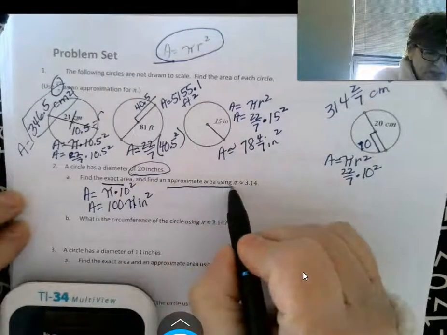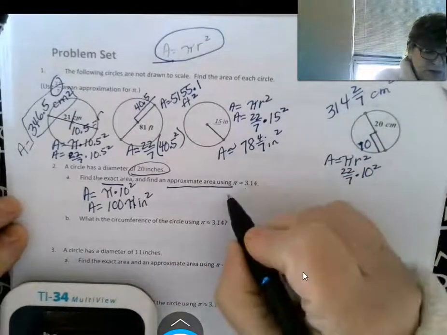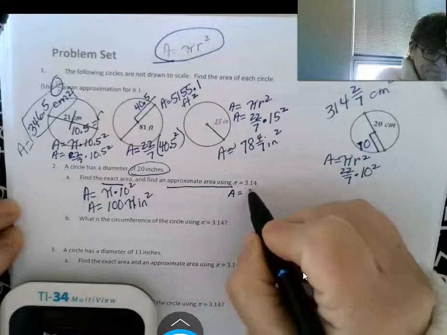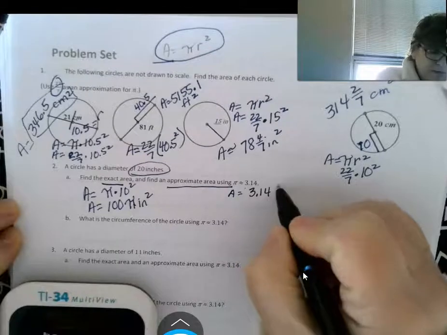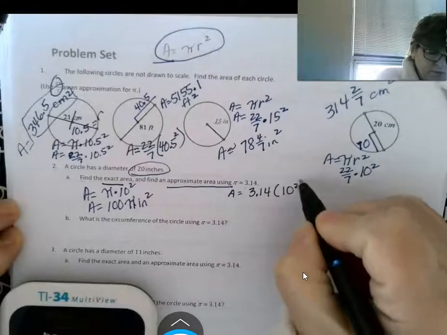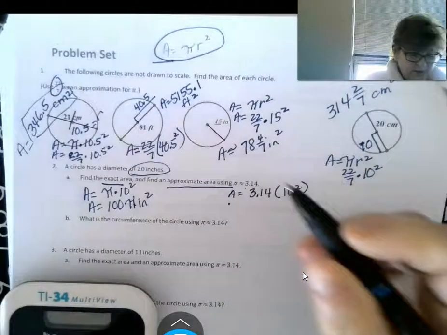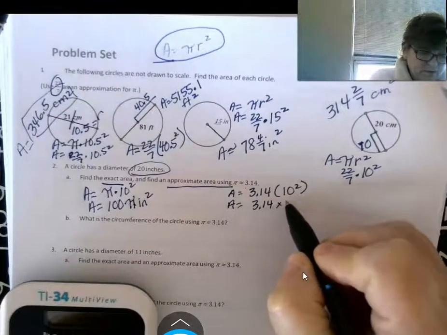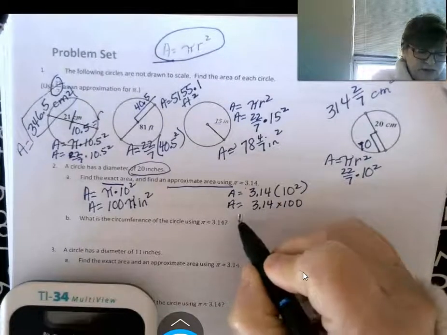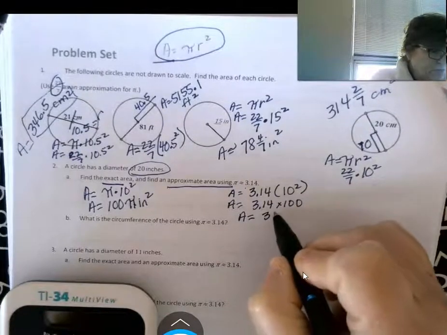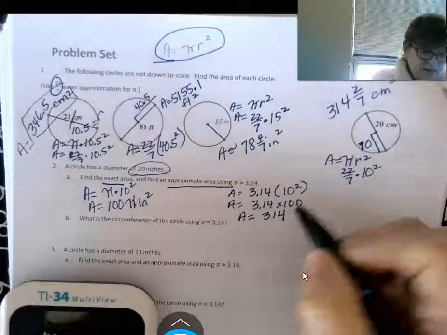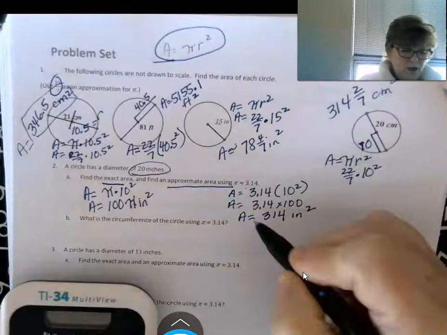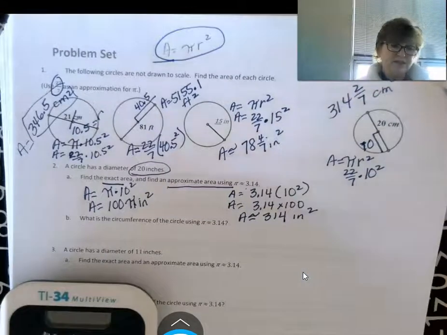Now if I want the approximate, we're going to use 3.14 times 10 squared, which gives an area of 314 inches squared, approximately.